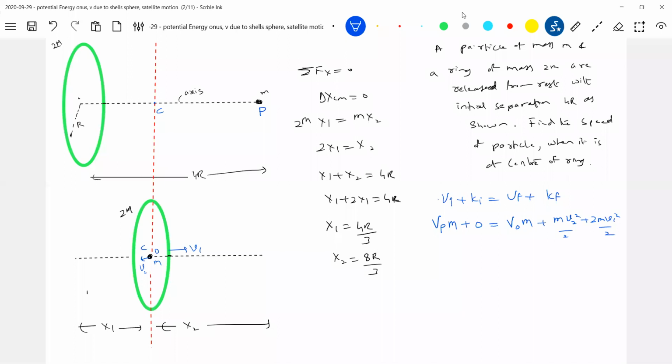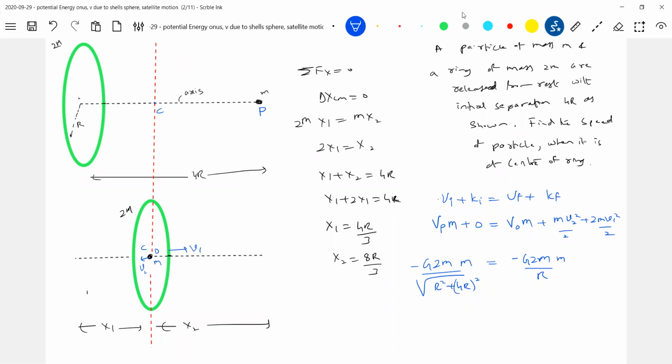Now let's write the expression for potential: negative G 2m by root of R square plus 4R whole square, times m, is equal to the potential at the center of the ring, V0 minus G 2m by R.